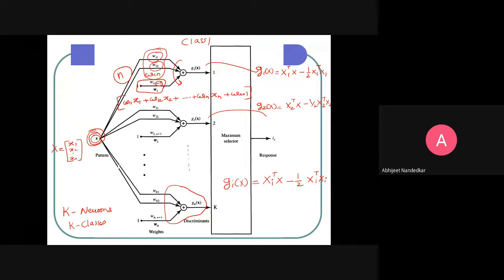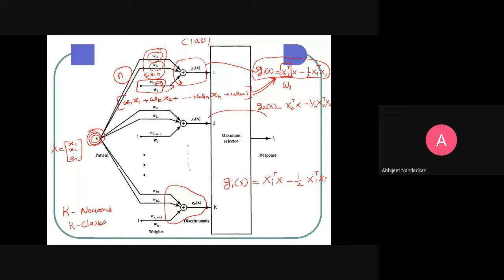If you compare these two equations, what will happen? These are the weights of the first neuron, w1. So what should be the weights of the first neuron and what should be this biasing term so that this g1(x) is implemented?